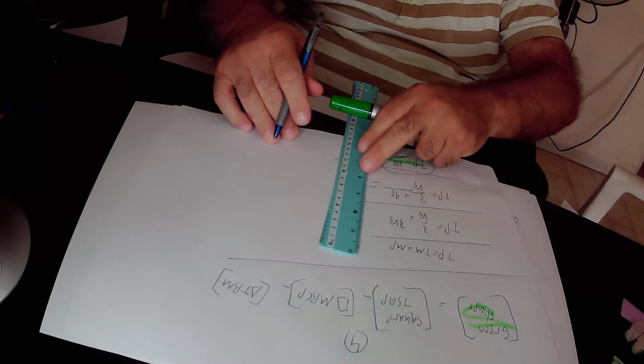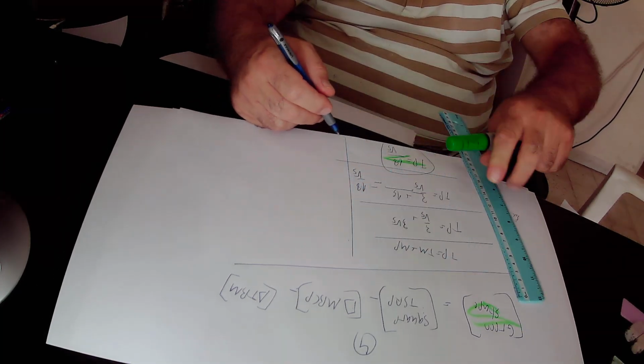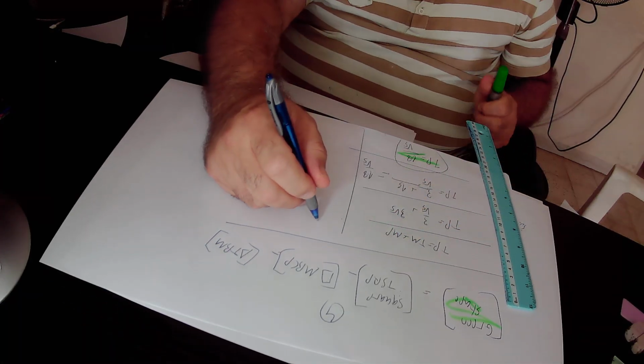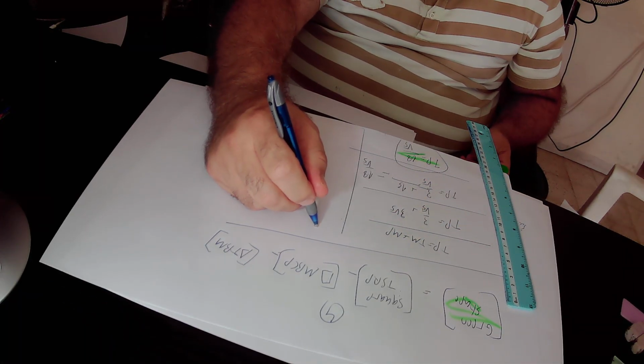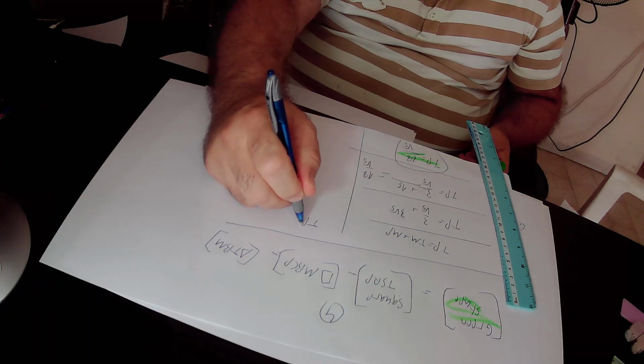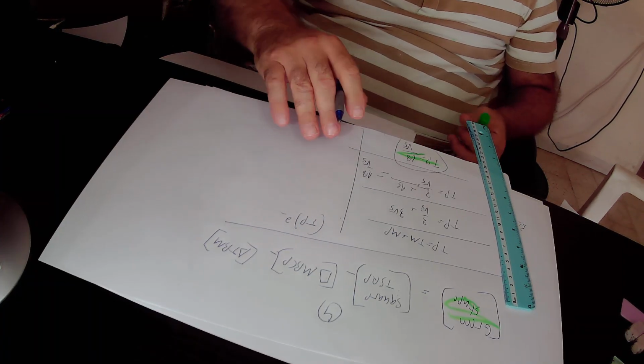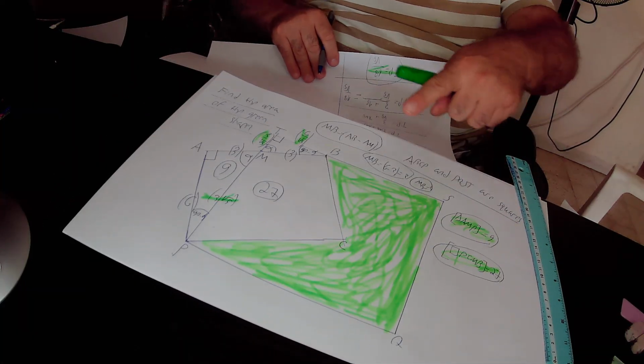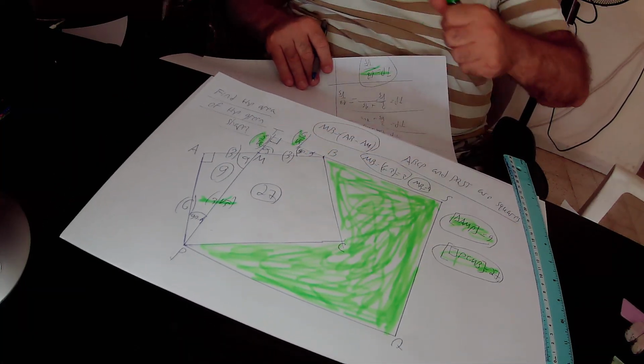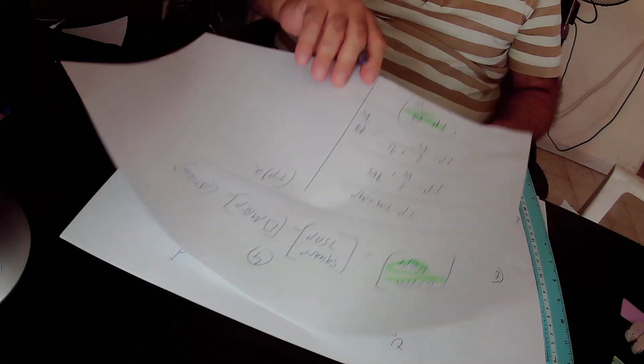So the area of the big square TSQP equals TP squared, that is the length of one side squared, minus the area of quadrangle MBCP. Quadrangle MBCP equals 27 square units, according to what is given in the question.